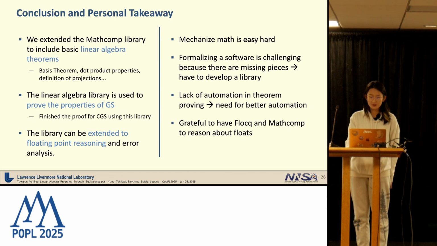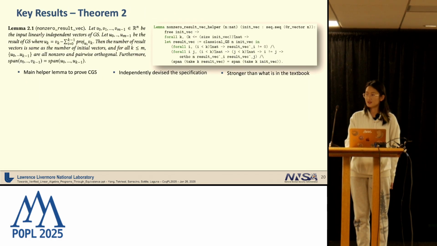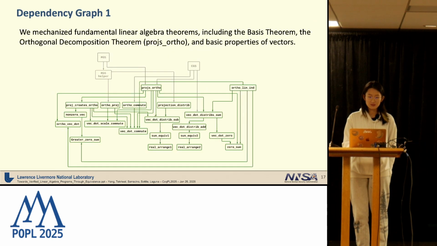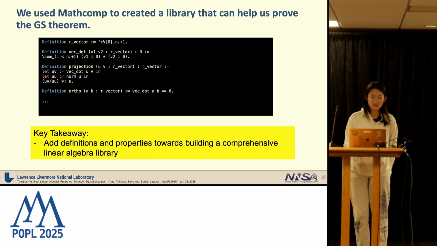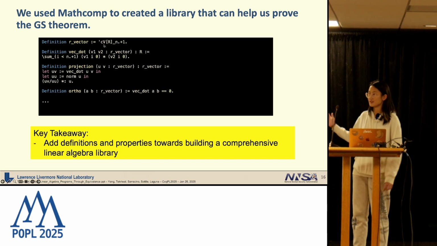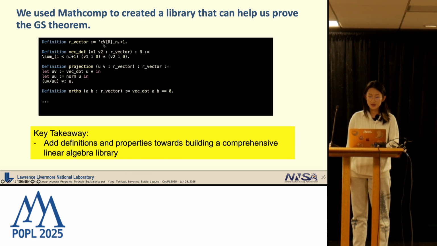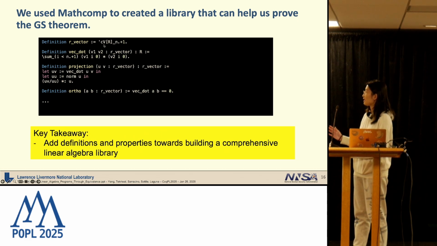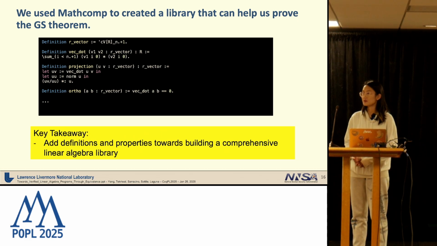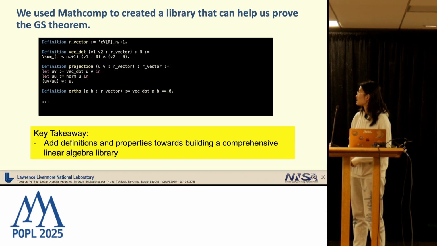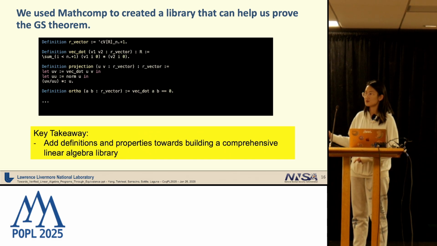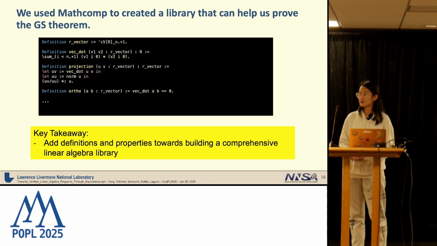Yes, we define vectors in a pretty standard way, as column matrices. Right here is a column vector. By defining it that way, we could use the matrix library in MathComp and also the vector library in MathComp to reason. So the proofs definitely rely on this representation, which I would say is pretty standard.